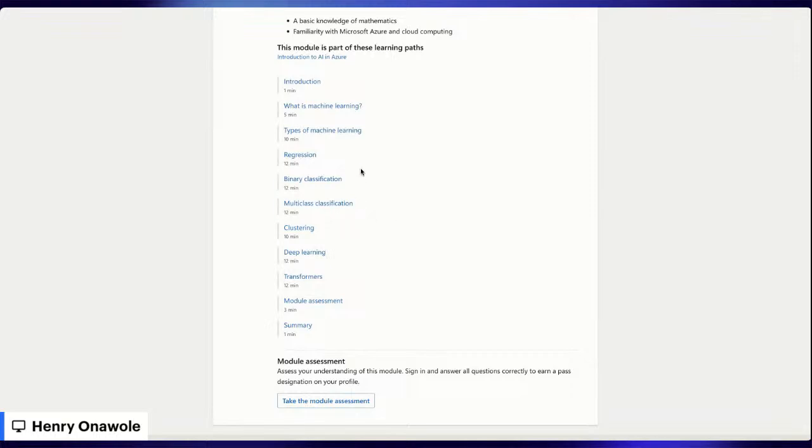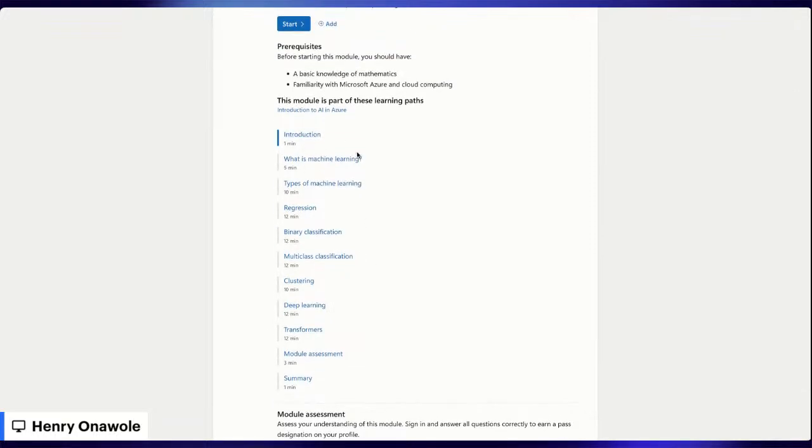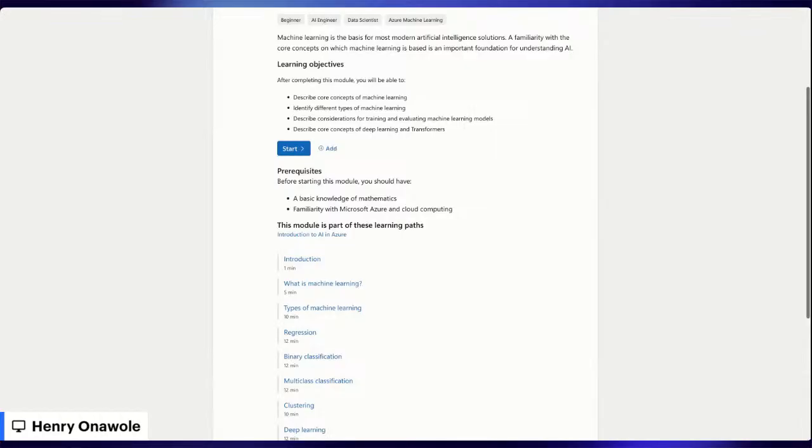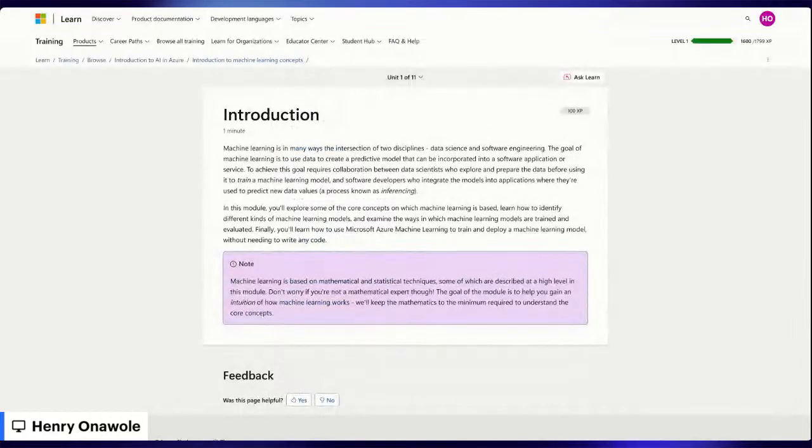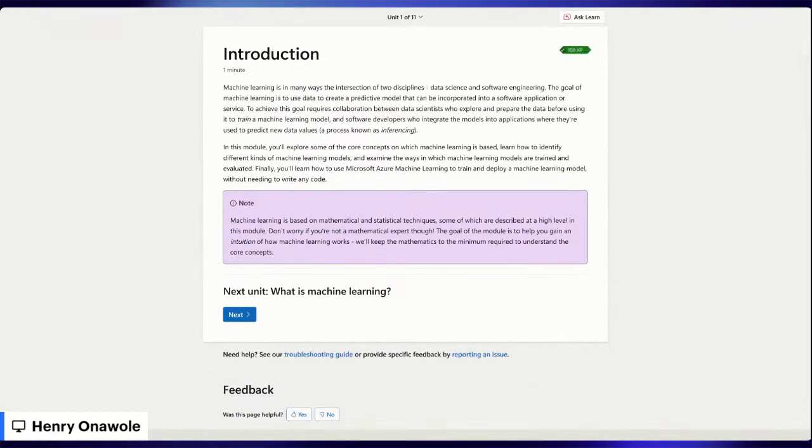Okay, let's deep dive into the introduction. Machine learning is in many ways the intersection of two disciplines, data science and software engineering. The goal of machine learning is to use data to create predictive models that can be incorporated into a software application or service.